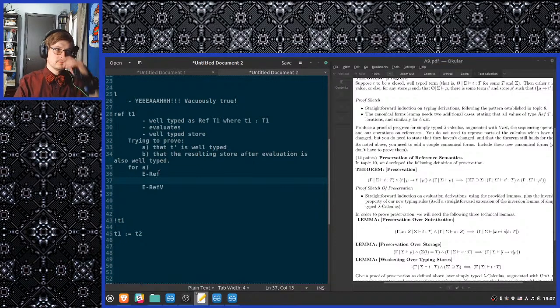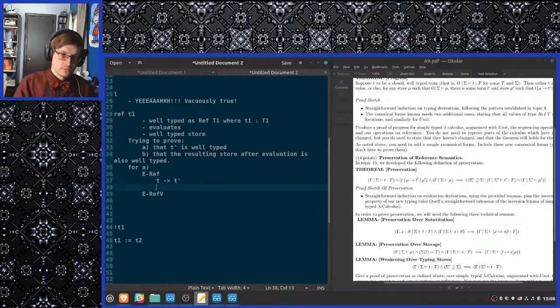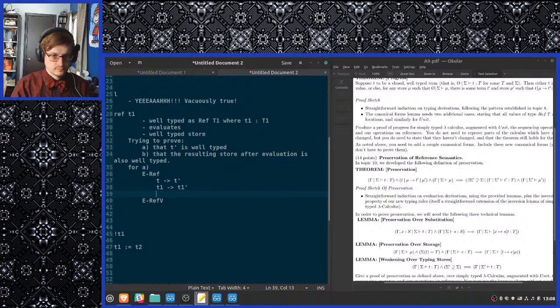So for the congruence rule, we know first of all that t evaluates to t prime. We also know that t1 evaluates to t1 prime because this is a congruence rule. We get that from the antecedent of the congruence rule, right?